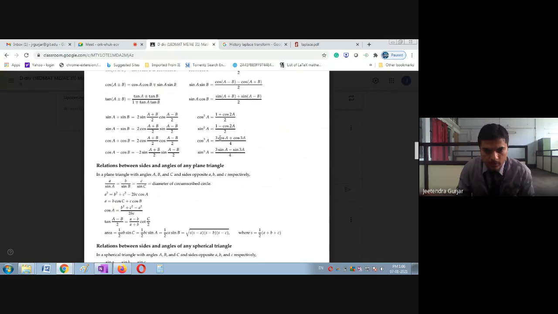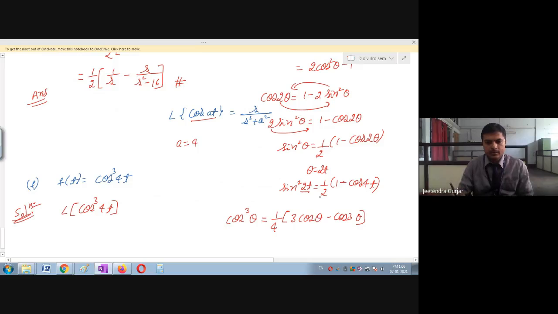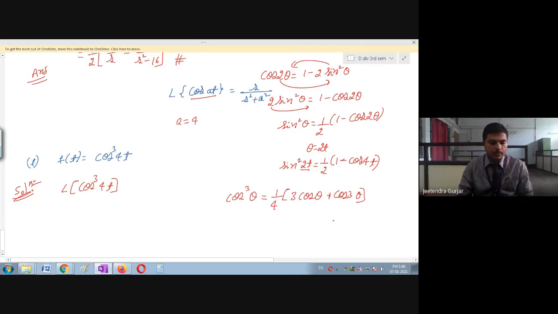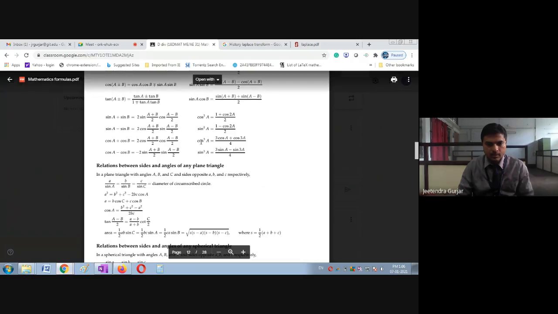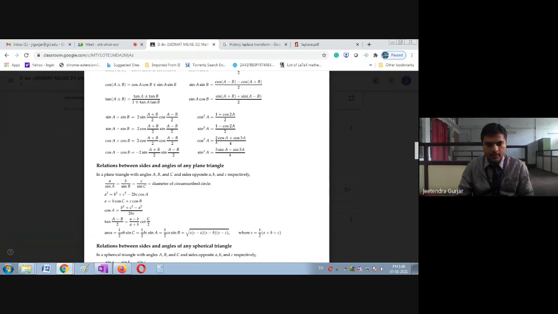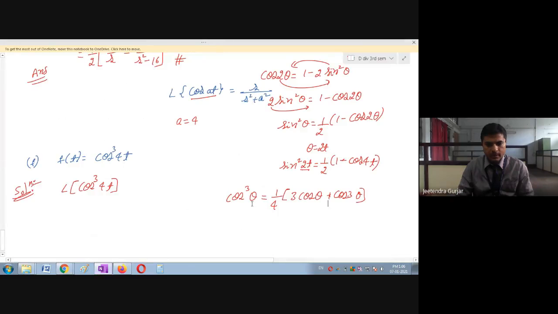Yes, it is 1 upon 4, (3 cos theta plus cos 3 theta). So here we have this formula, friends. Please note down the formula. Okay, so you can see here cos cube A is equal to (3 cos A plus cos 3A) divided by 4. Is it clear? So this is cos cube theta is equal to 1 upon 4, (3 cos theta plus cos 3 theta).